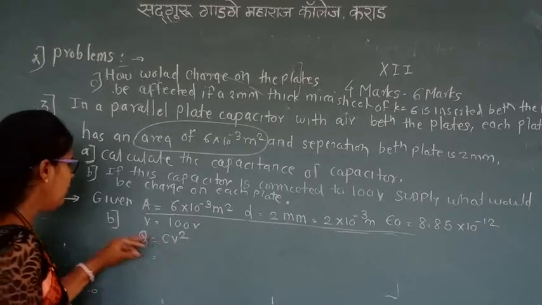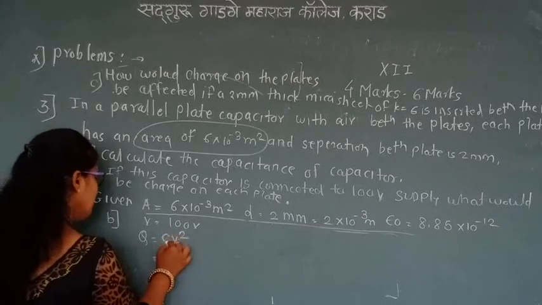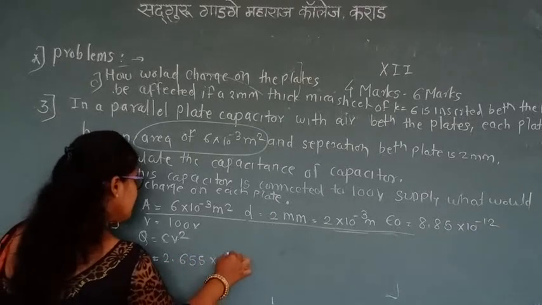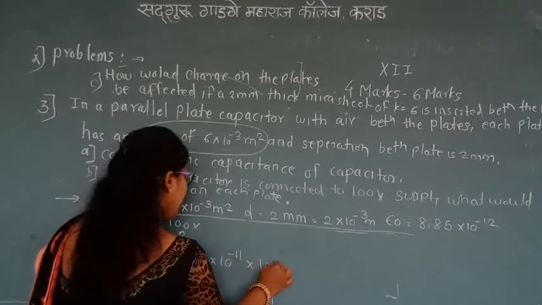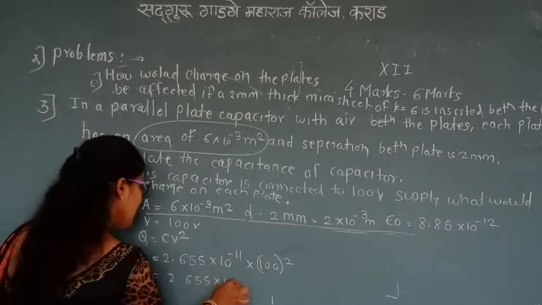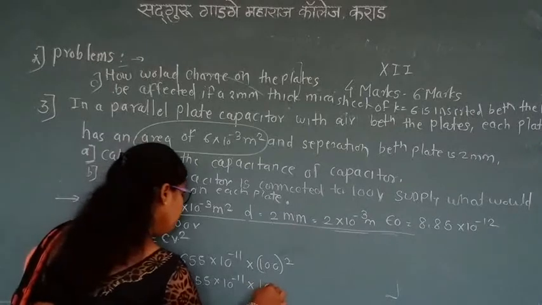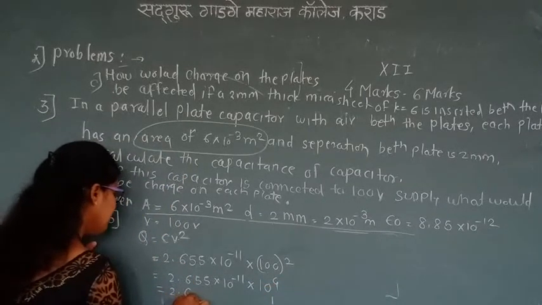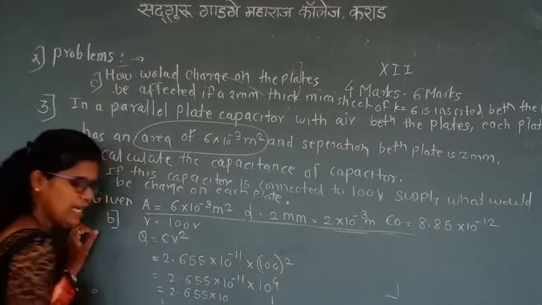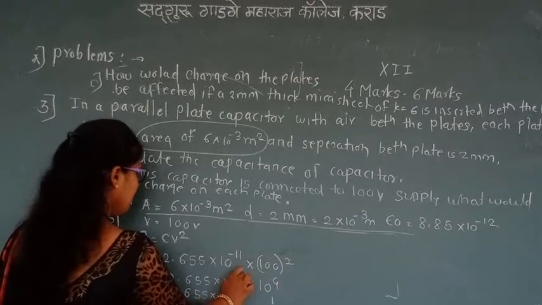Now we have calculated the value of capacitance. See here, this value is 2.655 × 10^-11 into (100)². 100 squared is 10^4, so we get 2.655 × 10^-11 × 10^4.